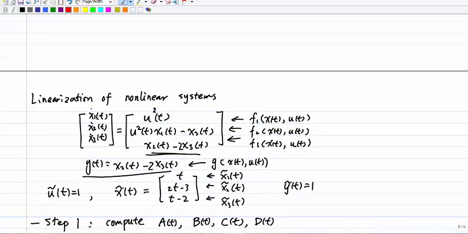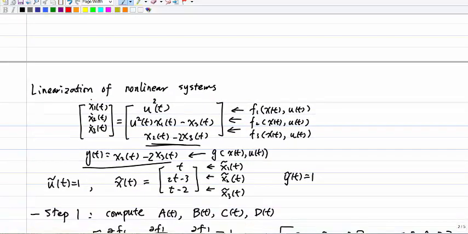The next question is about how to compute the linearization of a nonlinear system, which I already talked about in class. Because it is a nonlinear system, you don't have the ABCD form.